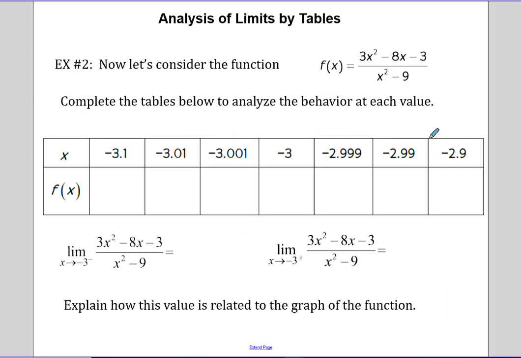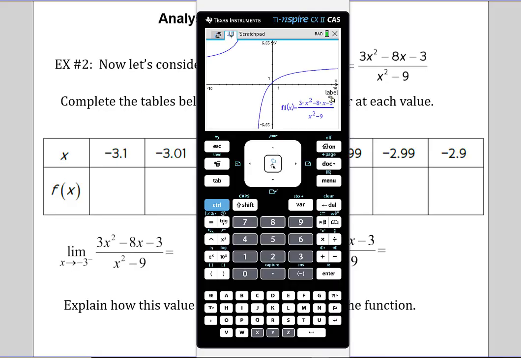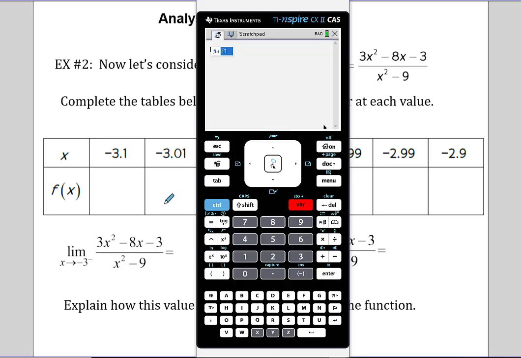Now, in this case, we're going to need a calculator, and I'm going to ask you to put this function into your calculator. And then we're going to look at the table values as we arbitrarily get close to -3 to explore that situation. So you can see I have my graph here. And if we switch over to evaluate, I want to evaluate at -3.1.